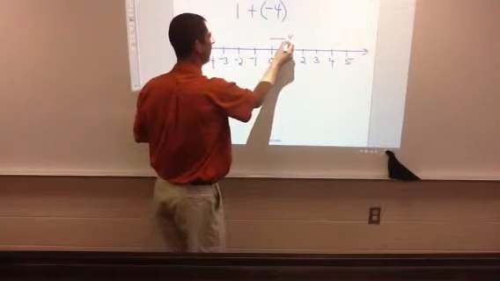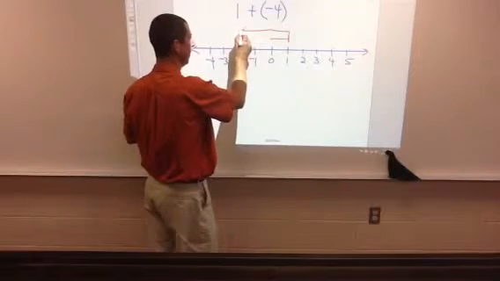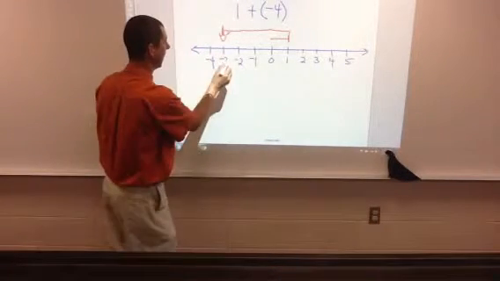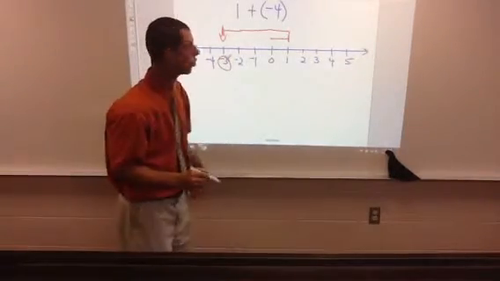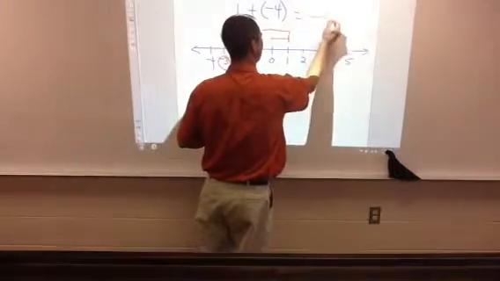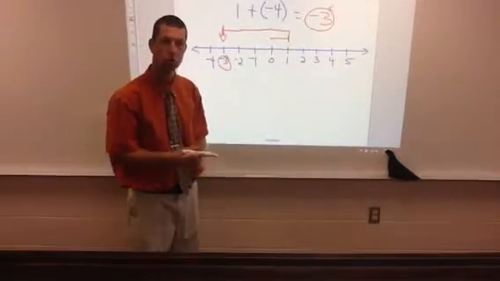So now I've got to come back 4 places. There's 1, 2, 3, 4, and that puts me right here at negative 3. So the answer to this problem is equal to negative 3. And that's adding integers using a number line.